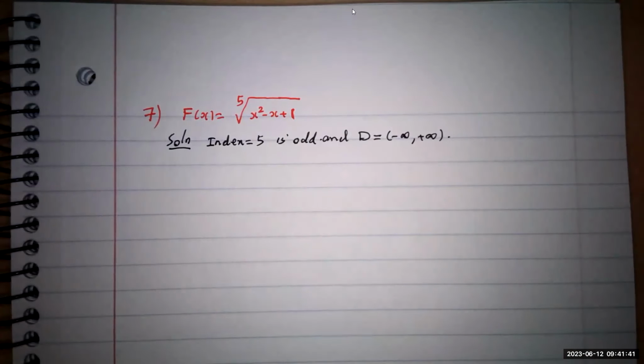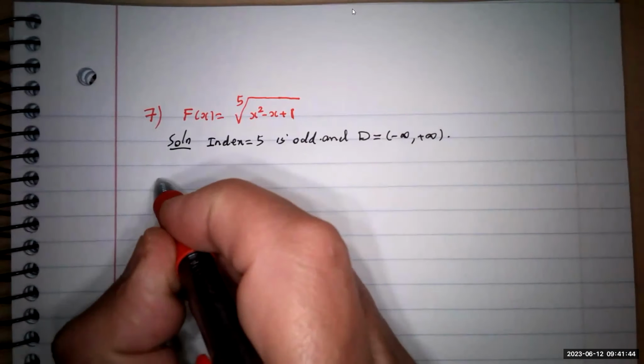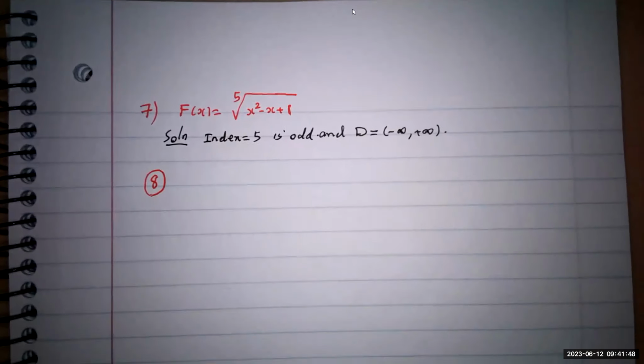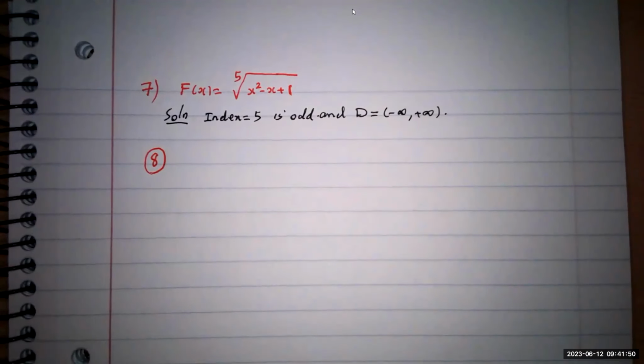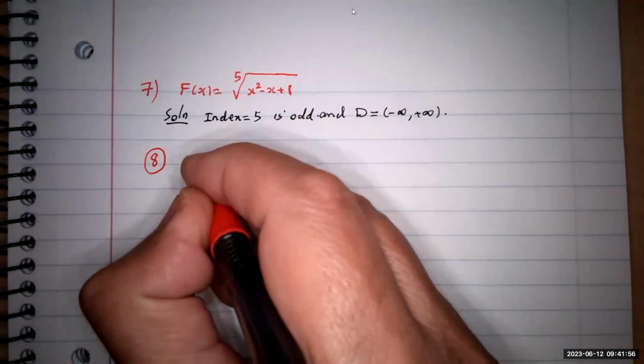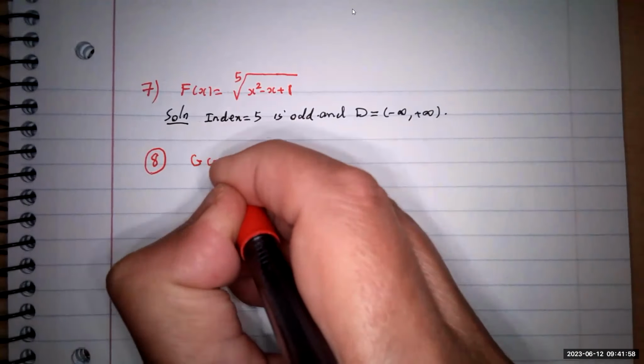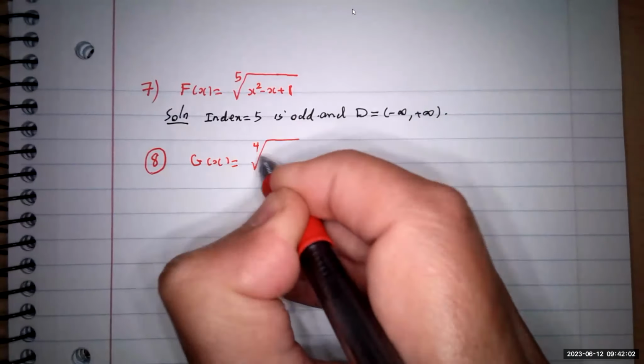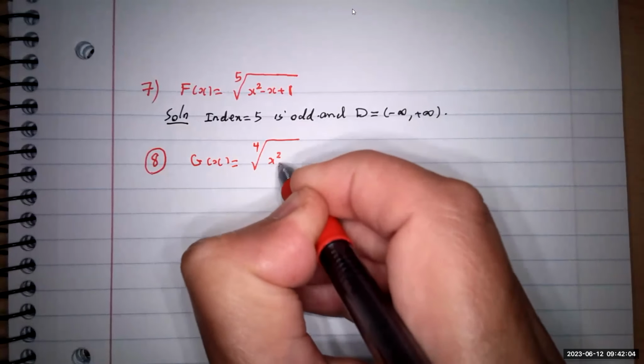Now, there is one tricky one that we're going to use in this course, so make sure you know this. There's a couple of algebraic expressions involved. Let's see how we're going to handle it. Let's have g of x equal to the fourth root of x squared minus 9.